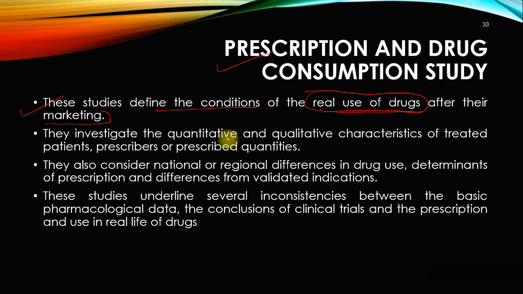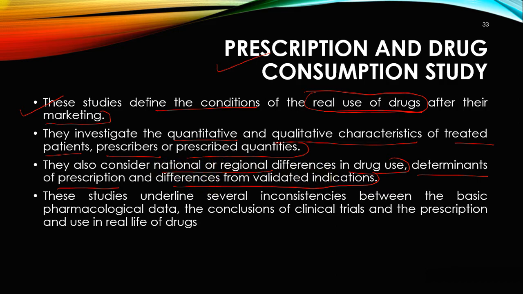So they investigate quantitative and qualitative characteristics of treated patients, prescribers or prescribed quantities. Okay, they also consider national or regional differences in drug use, determinants of prescription, and differences from validated indication. Okay, so differences from validated indications means what?